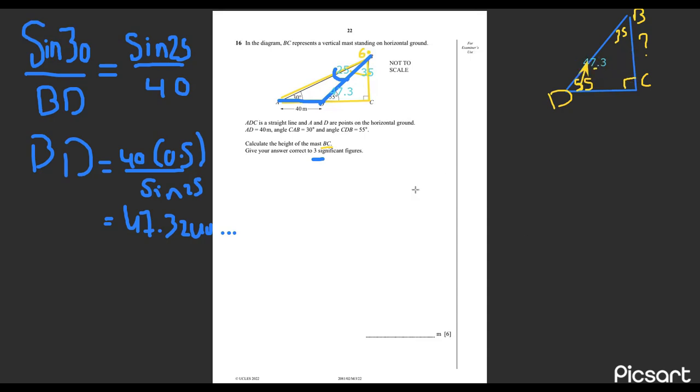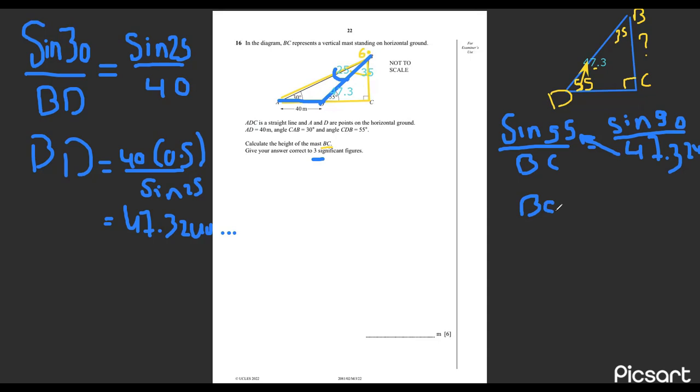Okay, let's do this. Sine 55 over the BC will be equal to sine 90 over 47.324 and so on. You want to raise it, multiply directly by sine 55.